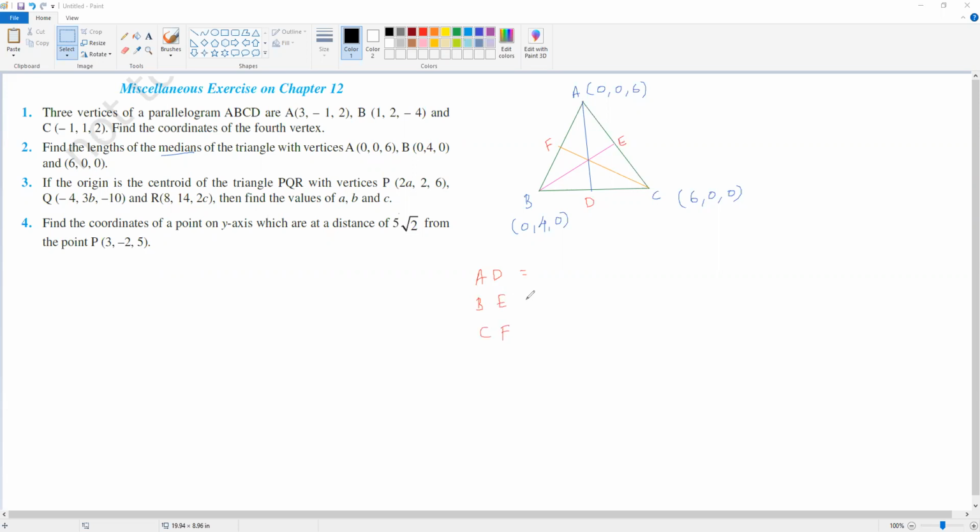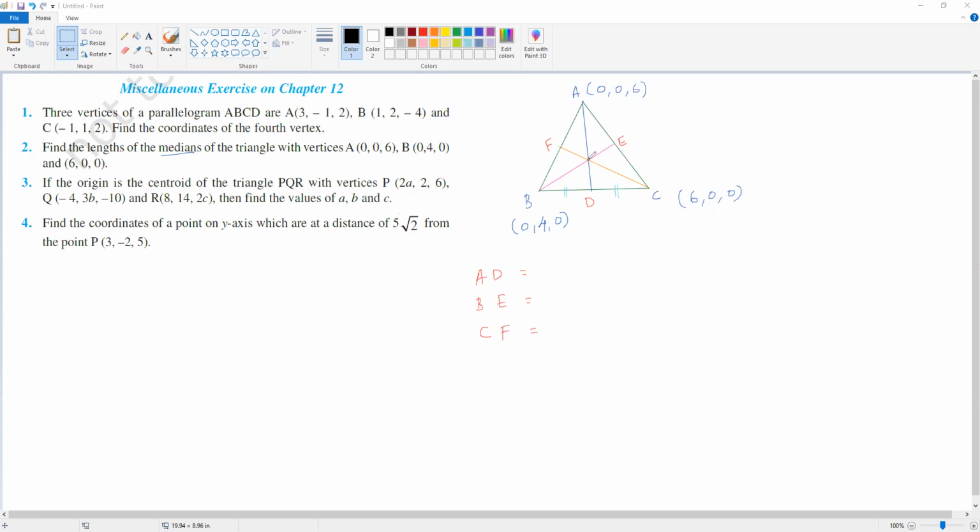We can use the distance formula to find the length. Suppose if you want to find AD, you need the coordinates of A and D. But here we can use the concept of a midpoint. BD and DC are equal, because a median is the line segment from one vertex to the midpoint of the opposite side.